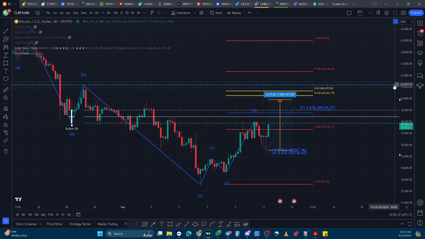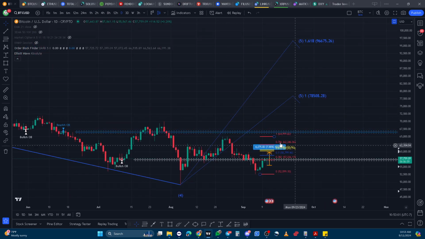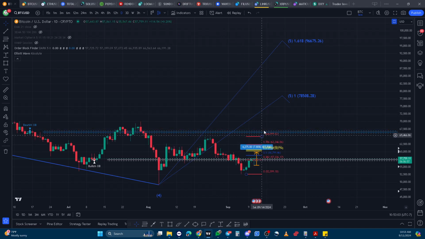I'll make a video just talking about the order blocks, but we're looking at 61,170 something. We'll mark that out there, and I'll actually put it back on 60,280, because what seems to be the very beginning of a wave 5, all the volume has started to come in at this level.